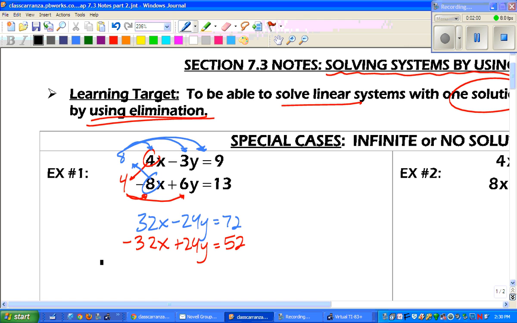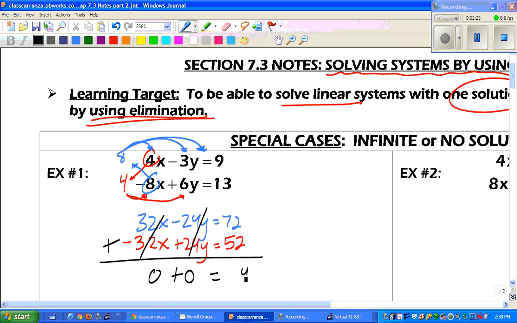Okay, so now we're going to turn these into a giant addition problem. And 32x minus 32x, well, those cancel out, and we're left with 0. Negative 24 plus, wait, whoa, what happens with the y's right there? Those cancel too.